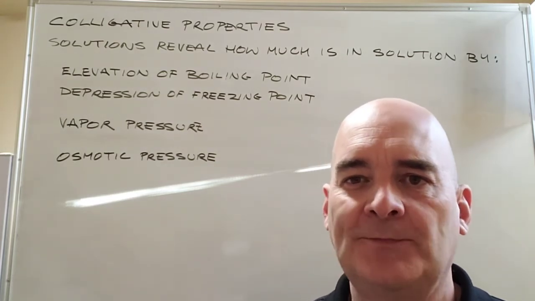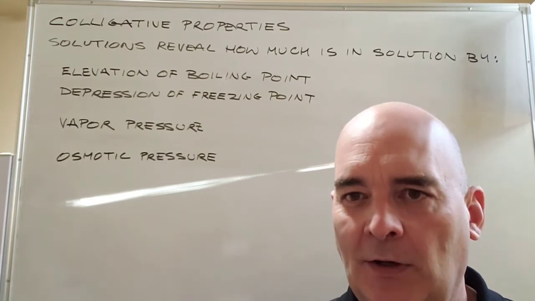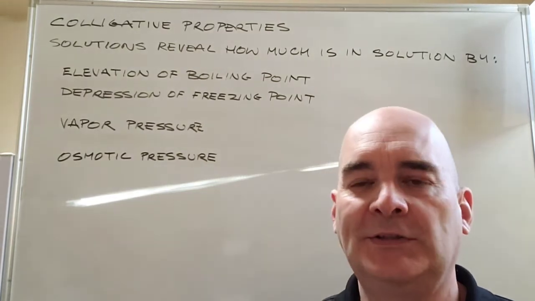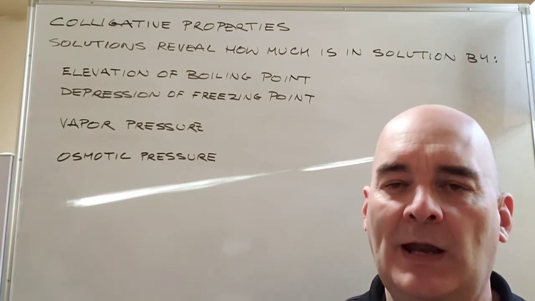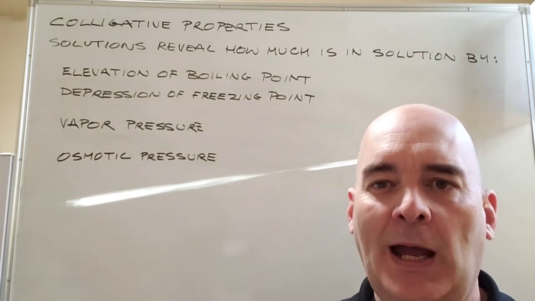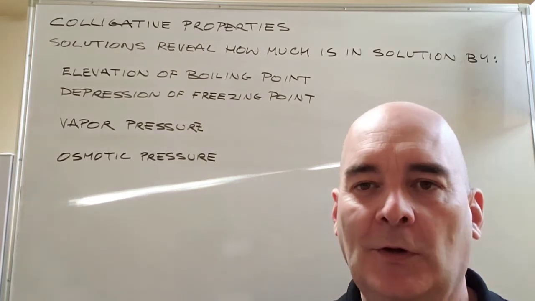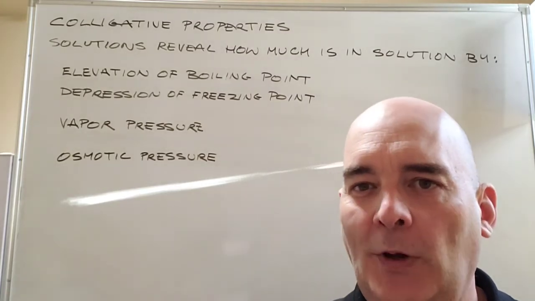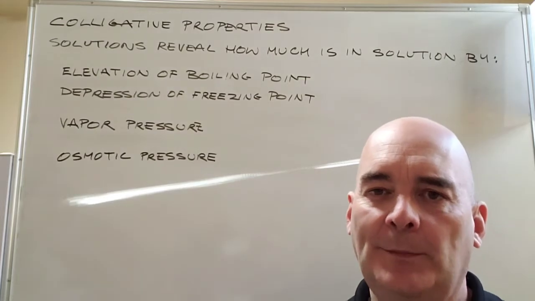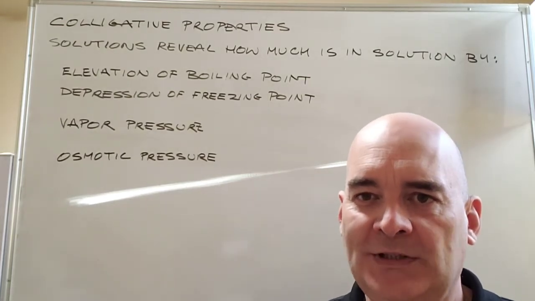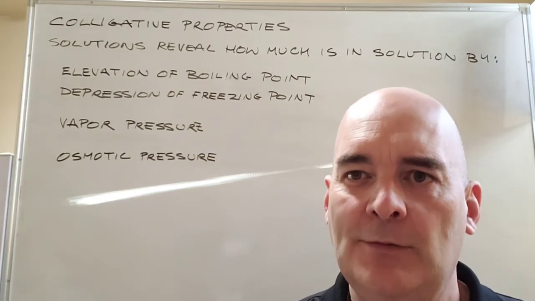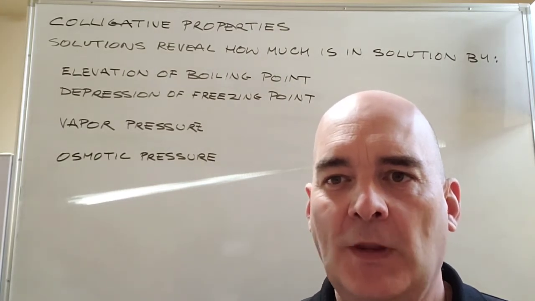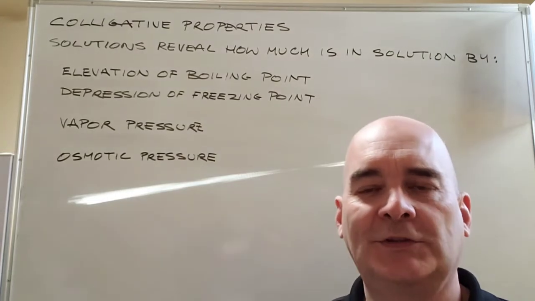And if two of us did the experiment side by side, where we took the same volume of liquid, let's say we take 100 milliliters of water, and you add 1 gram of sodium chloride, and I add 8 grams of sodium chloride, and we put thermometers in there, and we see what temperature our solutions boil at, those solutions will boil at different numbers because I've got more impurity, I've got more solute in my solution, having a greater effect of disrupting the water's ability to boil.